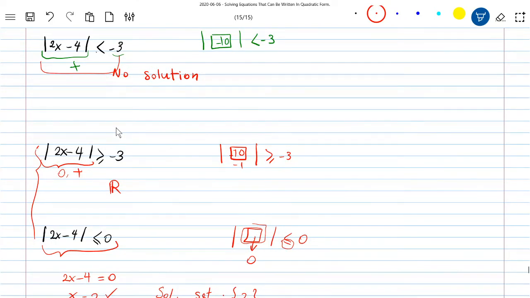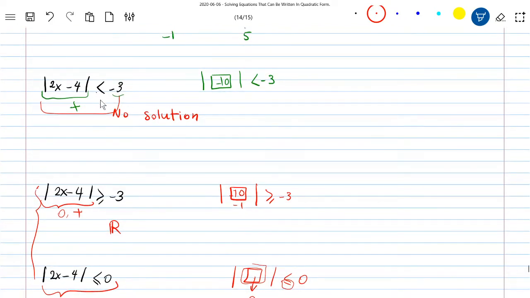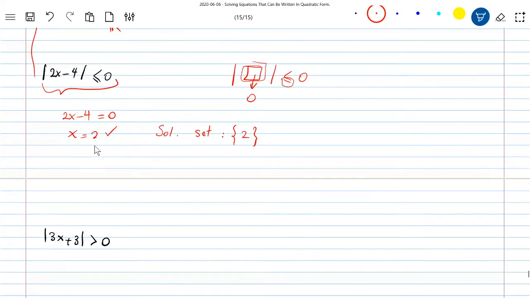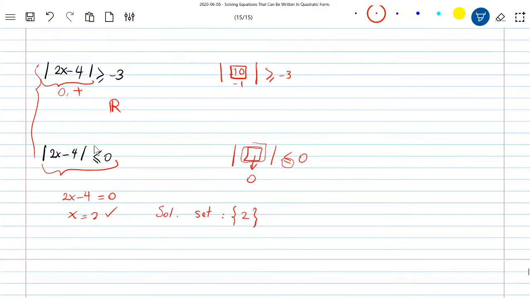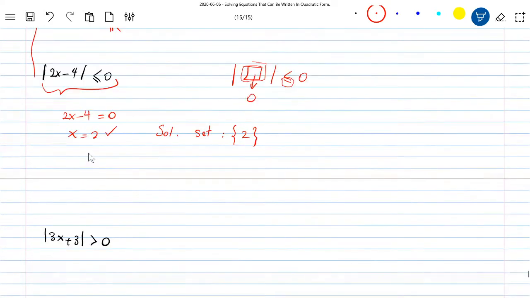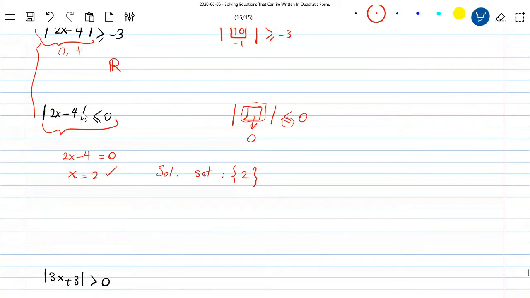Actually, you can do that as well, but I suggest you focus on: is it possible to have a number less than a negative number? Is it possible to have the absolute value of a number greater than a negative number? Okay, so let me try to show you. There is another case here, but I want to focus on these 3 first.